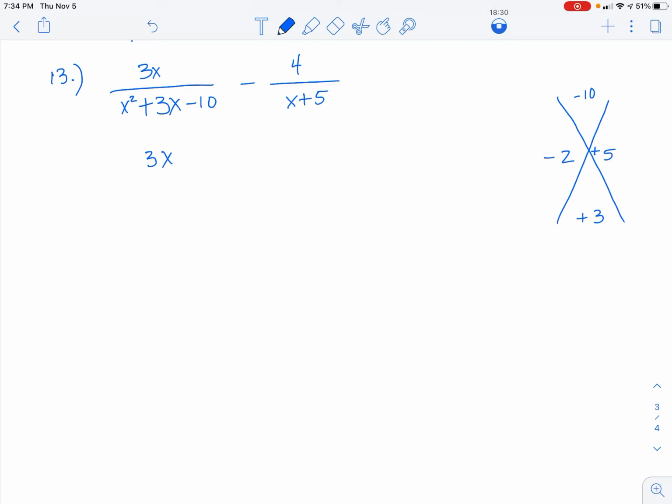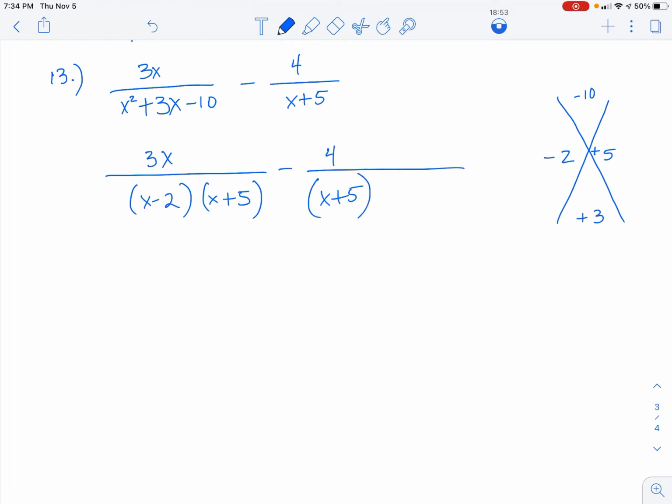So I'm going to rewrite down here the denominator for that trinomial, as I factored it. And it's going to be x minus 2 and x plus 5 minus 4 over x plus 5. Now my denominators are not the same and I need for them to be. So what is lacking? Well, on this side, I have part of this.